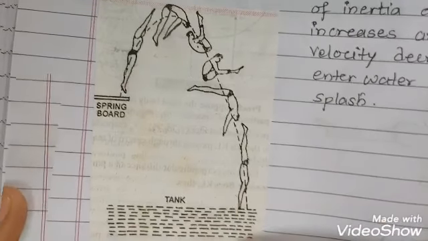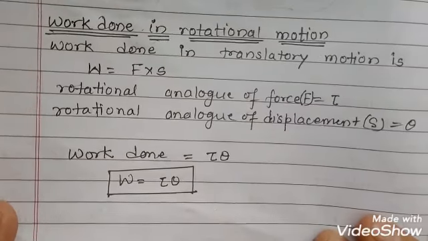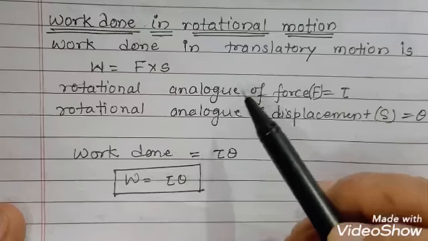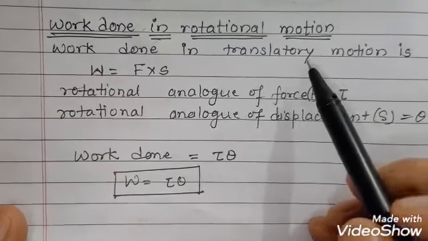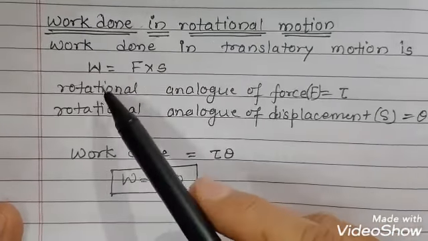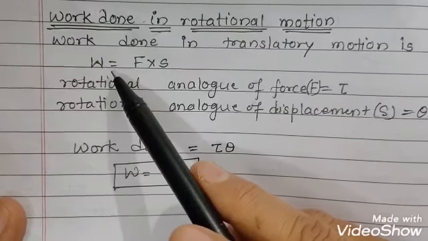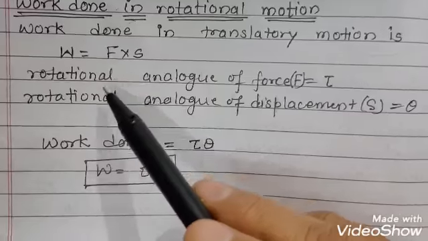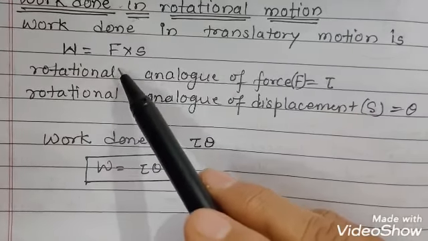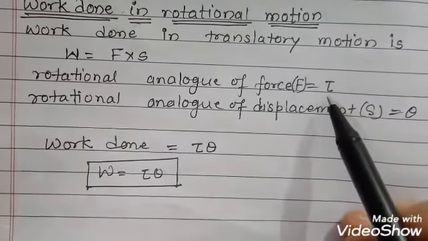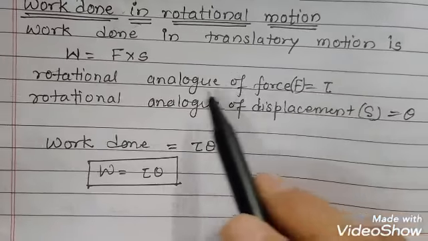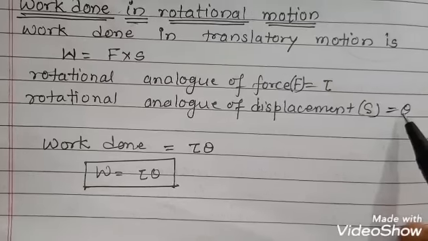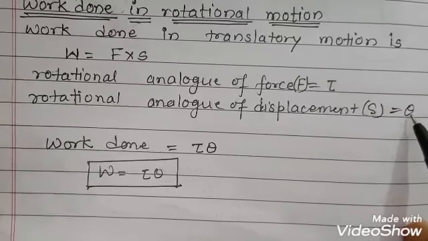Work done in rotational motion. Work done in translatory motion we represent with the formula: work is equal to force into displacement. And we know that the rotational analog of force F is tau, that is the torque, and the rotational analog of displacement S is theta, that is the angular displacement.